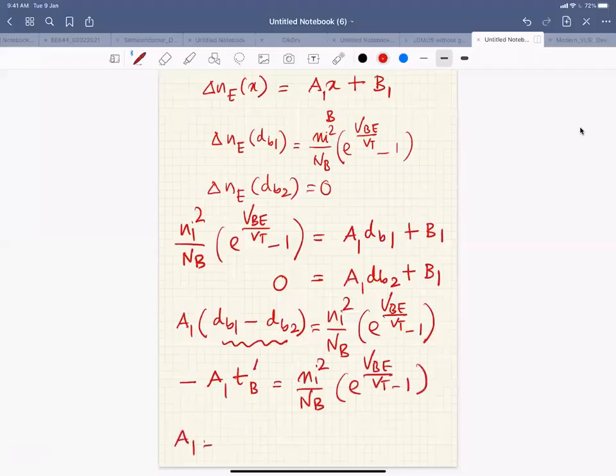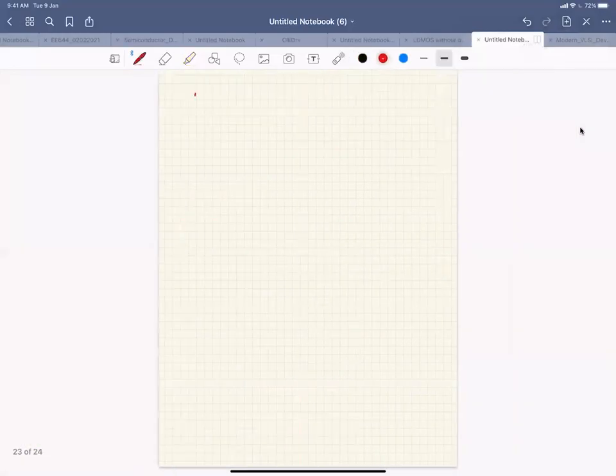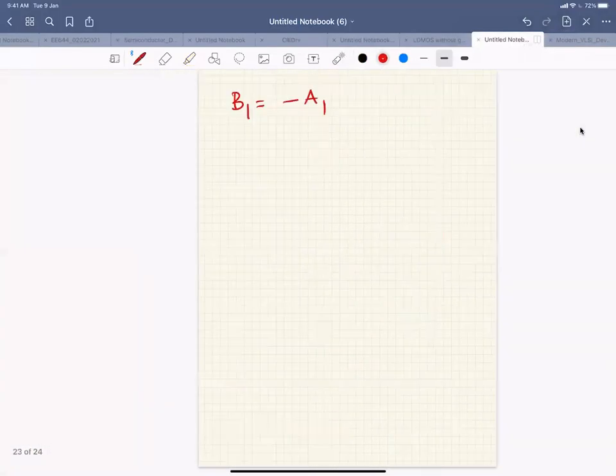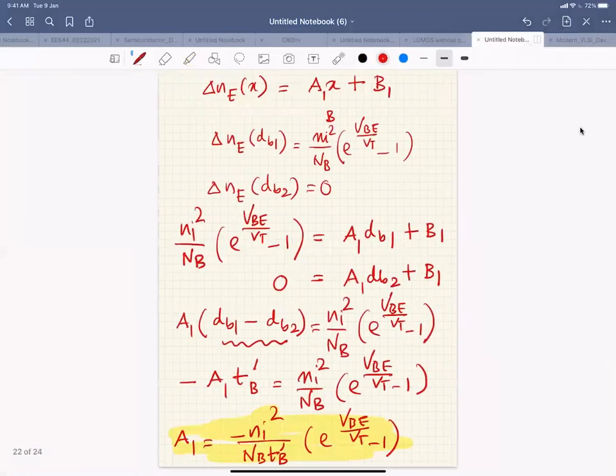So your A1 is minus Ni square by Nb TB dash e to the power Vbe by Vt minus 1. Right? This is your first constant A1. And you know from this equation also that your B1 equals minus A1 dB2, right?